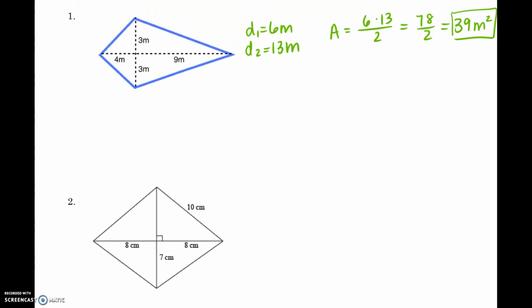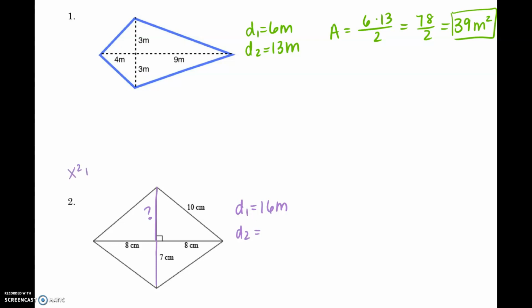All right, last example here. One diagonal is 16 meters. Our second diagonal, we know this piece here is 7 centimeters, but we have to find this piece here. So again, we can use the Pythagorean theorem to find that missing side. 10 is our hypotenuse here.